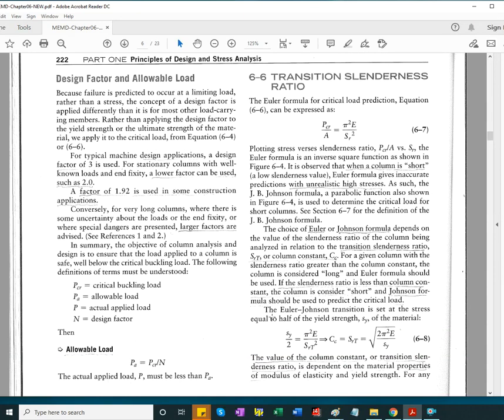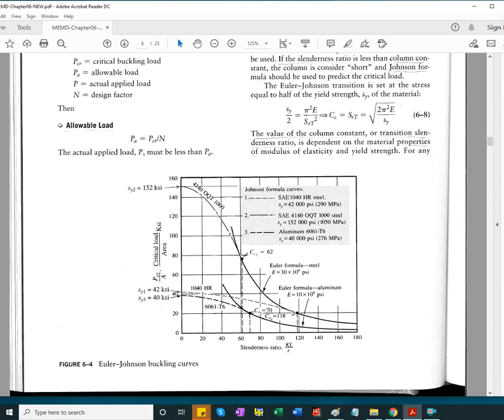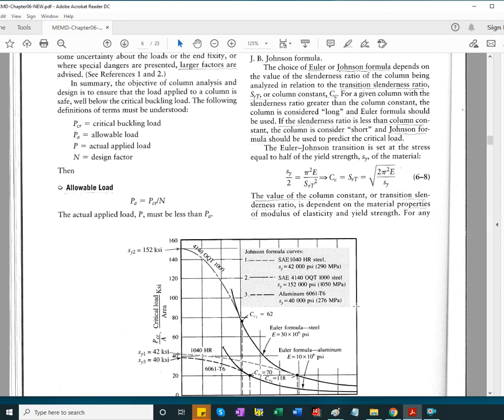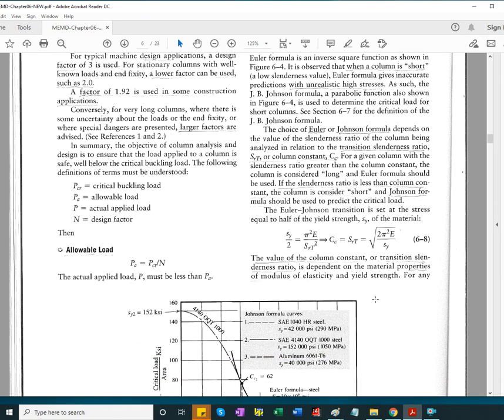And for that reason, the alternative theory for short columns, Johnson parabola, it's called, and the transition between the Euler buckling and plastic buckling, described by Johnson's formula, happens when the slenderness ratio has this value.